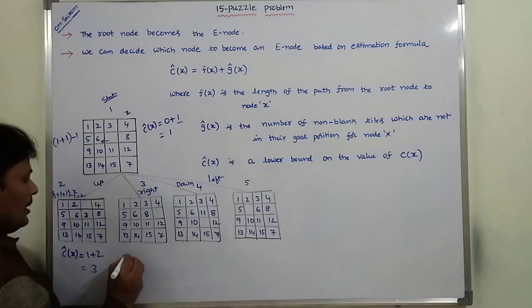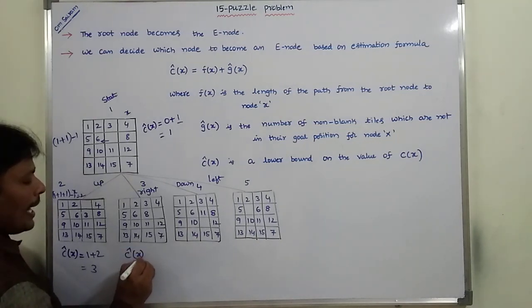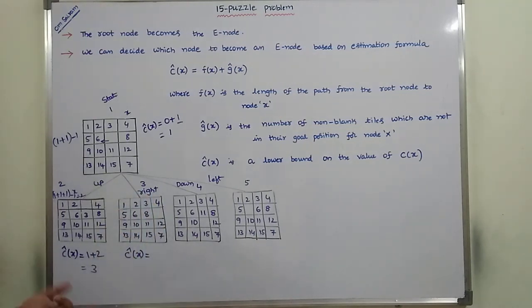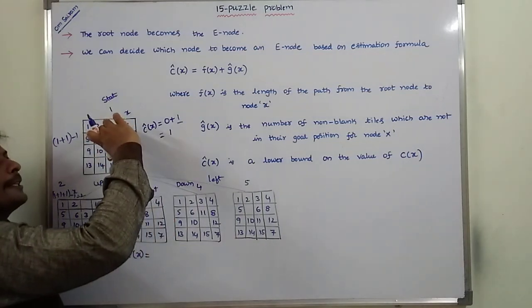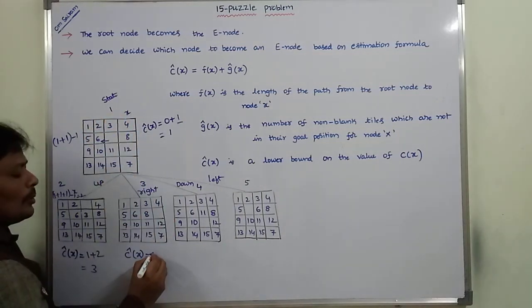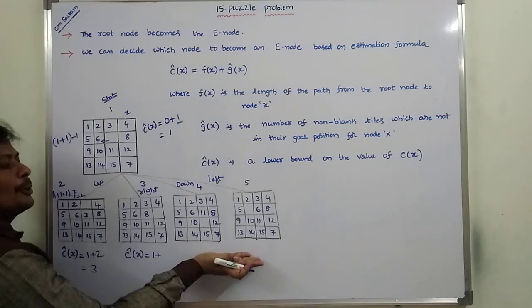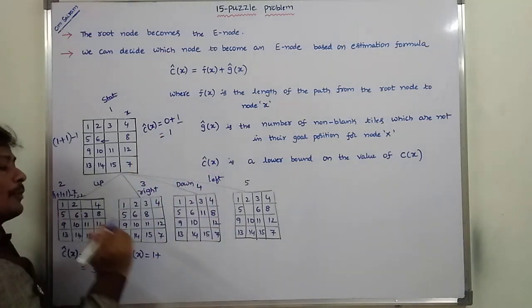Okay. Next one, c cap of x, where node x is this one. The length from the root node to this node is 1, level 2 minus level 1, that is 1.